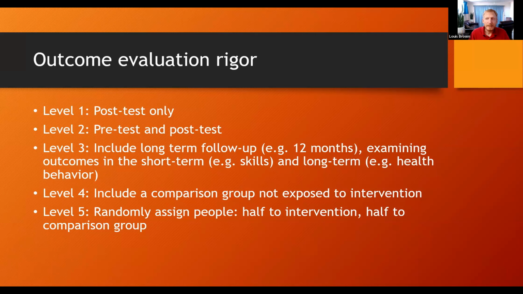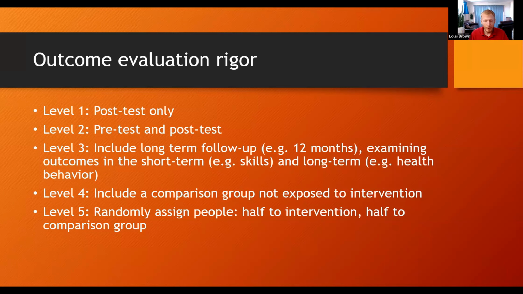And the reason is because there's outside factors that can impact whether people's mental health gets better or worse. So let's say COVID hits and everyone's mental health gets worse. Well, that wasn't because of the intervention or not. That was because of this external factor that impacted both groups.